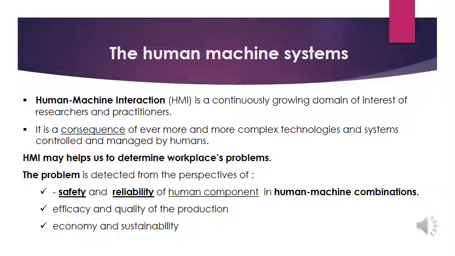A human-machine system may help us to determine workplace problems. The problems are detected from the perspective of safety and reliability of the human component in the human-machine combination, efficacy and quality of production, and also economy and sustainability.